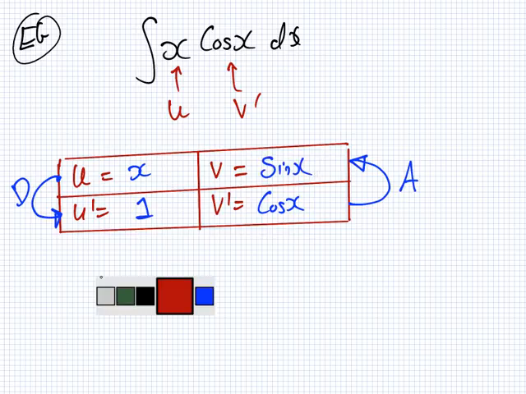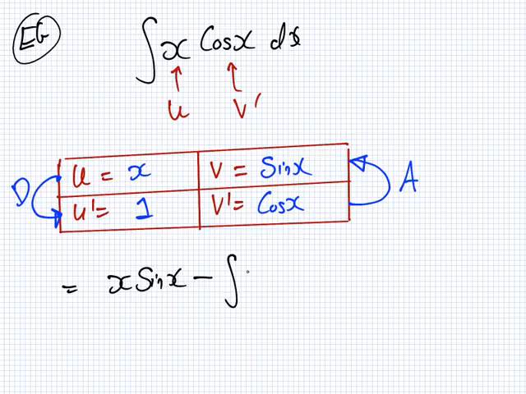Now I can use my rule. This equals uv minus the integral of u derivative v dx. Now, is this easier to do than this?